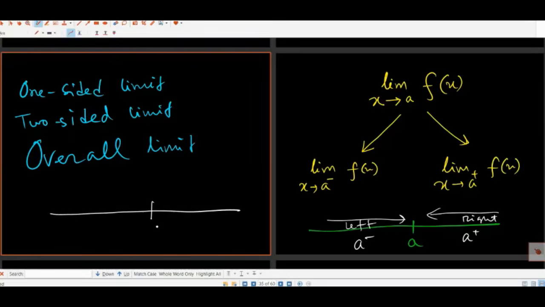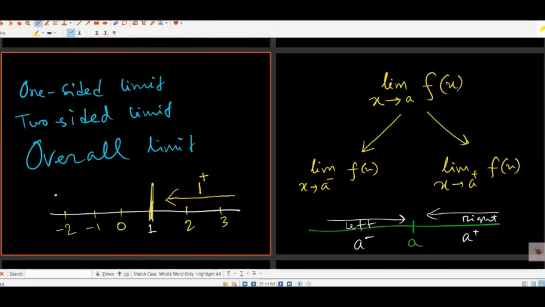Suppose we have a number line. Here in the number line, we can think about a number, let's say 1. On the right side, we have 2, 3. On the left side, we have 0, -1, -2. So if we try to come from the right side towards 1, this is called 1 plus.